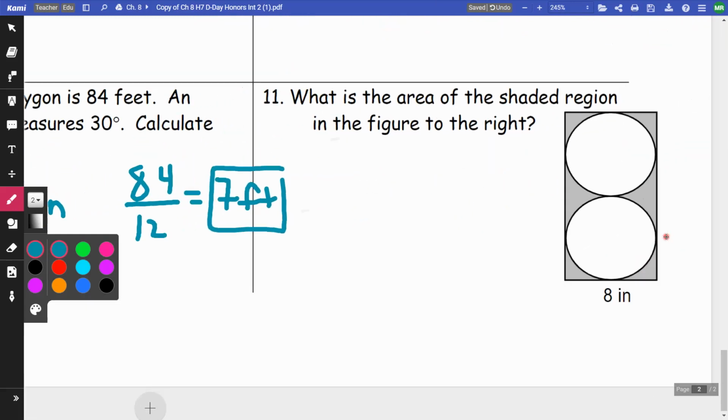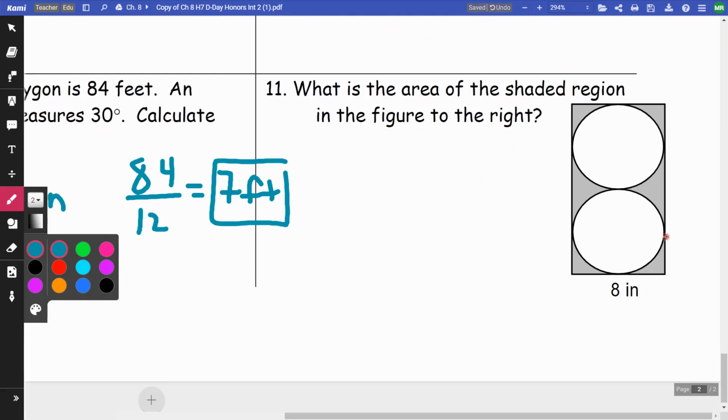On 11, what's the area of the shaded region? So if this is 8 going all the way across, what that means is in the circle, this is also 8 going across, which is a diameter. So if it's a diameter, it's also going to be 8 going this way. So this is going to be 8. This is going to be 8.